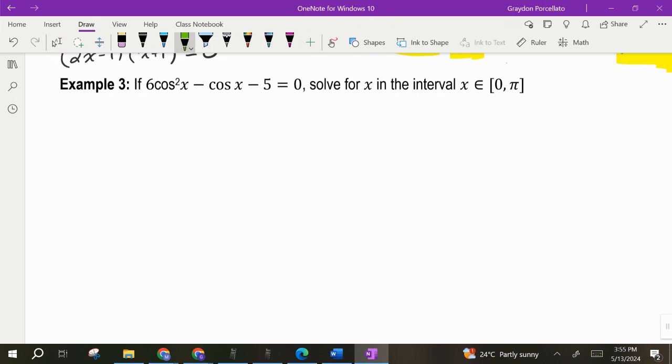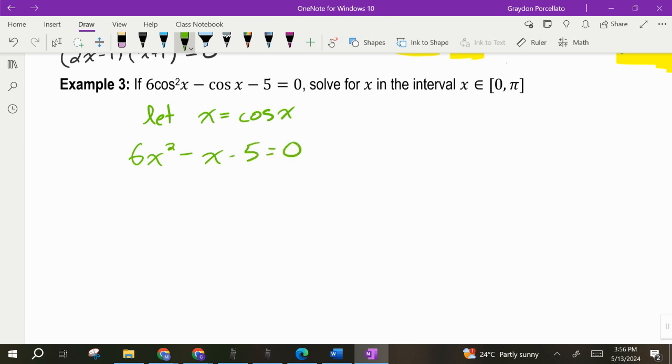So again, with this one, let's say let x equal cos x. So I'm going to take out any coses and put in x. So this becomes 6x squared minus x minus 5 equals 0.